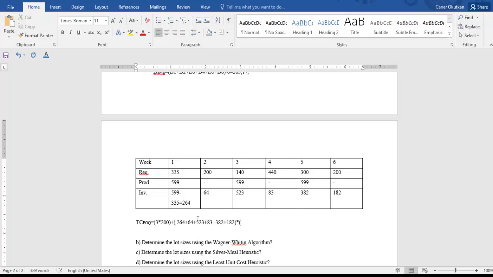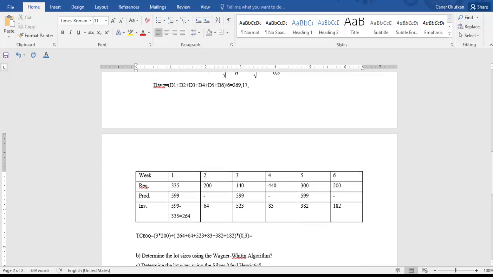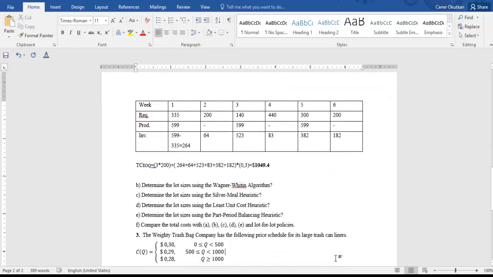Multiply holding cost is necessary, because we find total holding cost. So total cost $1,049.4. So we solve A question with using economic order quantity.